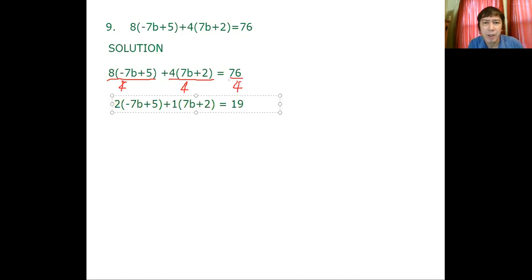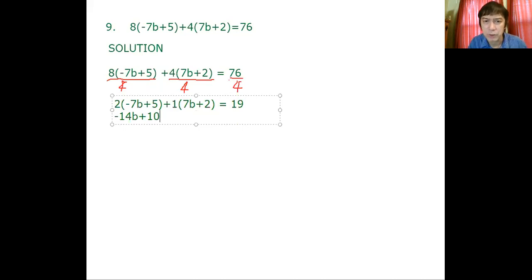So our line here gives us smaller numbers. We can now expand it. These 2 will be multiplied by these terms inside. So 2 times negative 7b is negative 14b. In other words, we're going to distribute the 2, going there, and then going to the 5. So 2 times the positive 5 is a positive 10.